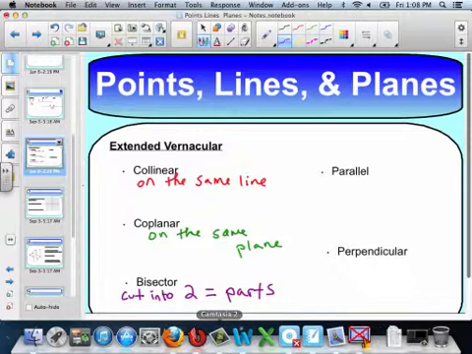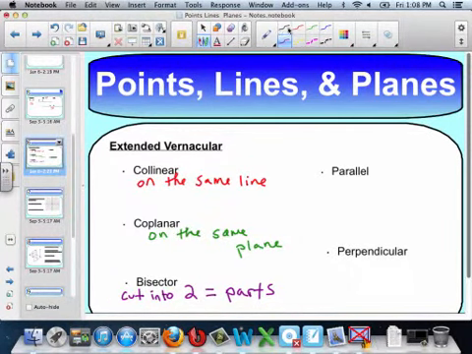What's parallel? It means that the two lines will never cross each other. Yes. In plane geometry, that is a true statement.